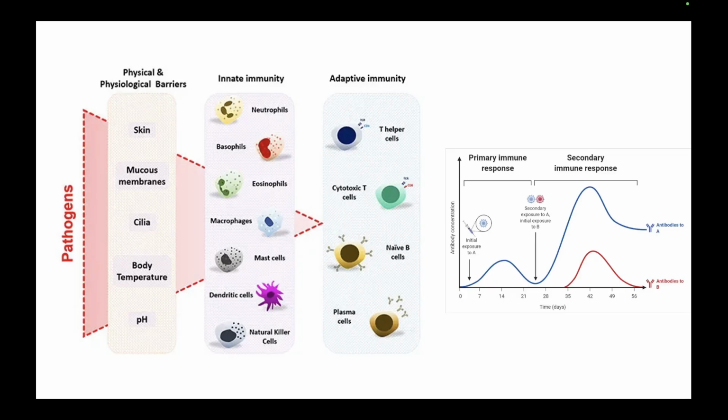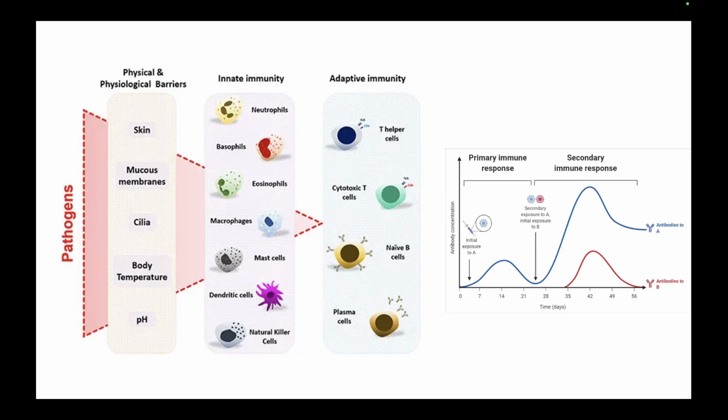So if the foreign pathogen is able to cross the innate immunity barrier as well, it goes to the adaptive immunity. It will be taken care of by the adaptive immunity. In the adaptive immunity, we have T lymphocytes and B lymphocytes. They are very specific.